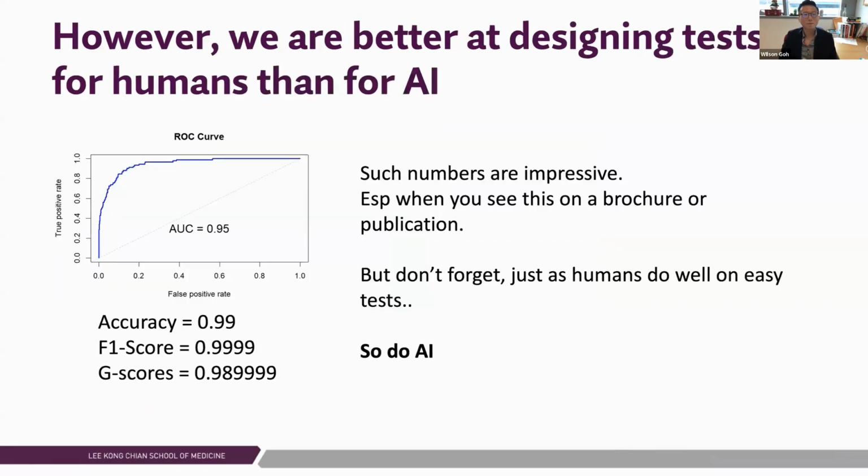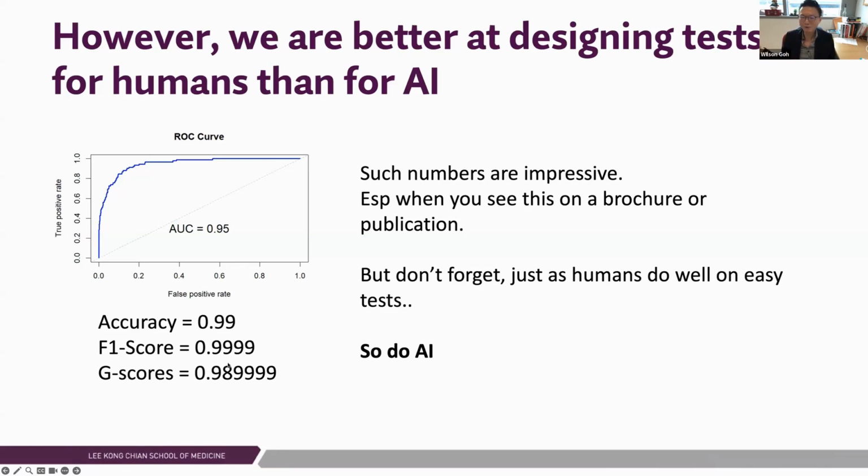However, the reality is that currently we are better at designing tests for humans than for AI. I hope, at least for all those of us who are involved in education, that you're giving sufficiently challenging tests to your students so that you can really show that they are learning well. But in the AI area, you will see ROC curves and accuracy, F1 scores and G scores.